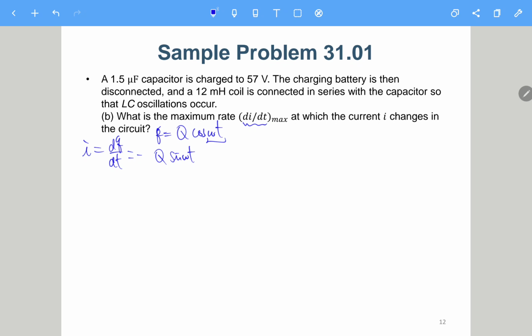And don't forget the chain rule, so we multiply by omega. So this is I. Of course we need to find di/dt, so we take di/dt. It becomes omega Q comes down, and we also have the negative sign. And then the derivative of sine of omega t is cosine of omega t. And still we need the chain rule, so we need another omega. So we have omega squared.